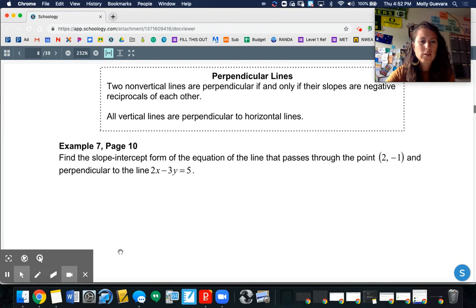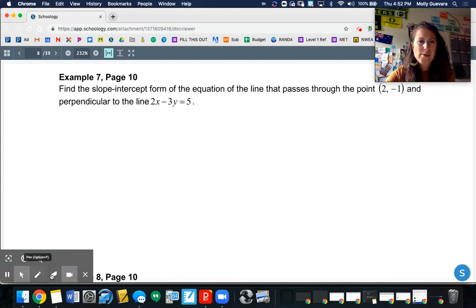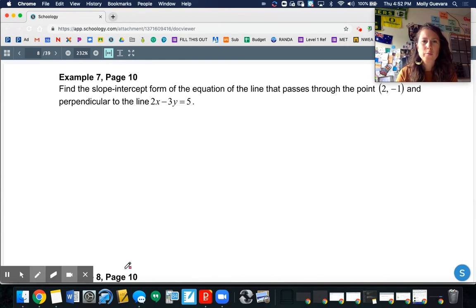So if we look at our problem, example 7, it says find the slope-intercept form of the equation of the line that passes through the point (2, -1) and is perpendicular to this line. Same as up above, right?